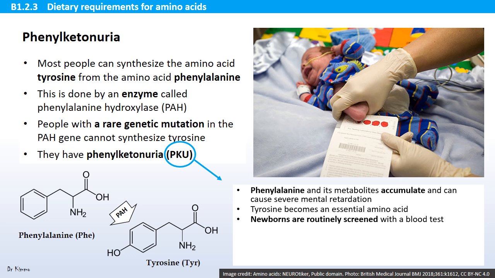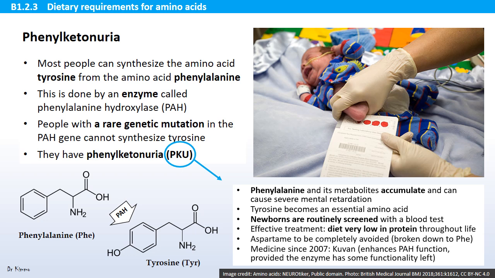However, newborns are routinely screened with a blood test, and there is effective treatment. That is, diet very low in protein throughout life to keep the phenylalanine at an acceptable level. Also, aspartame is to be completely avoided because aspartame is broken down to phenylalanine in the body.